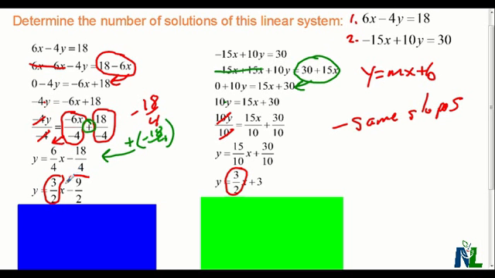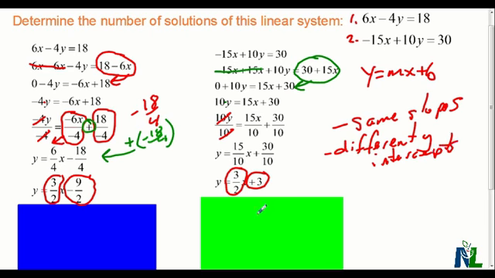The y-intercept of the first equation is negative 9 over 2. The y-intercept of the second equation is plus 3. So they have different y-intercepts. So we have same slopes, different y-intercepts. That means that these lines, if we were to graph them, would be parallel. So there are no solutions to this system.